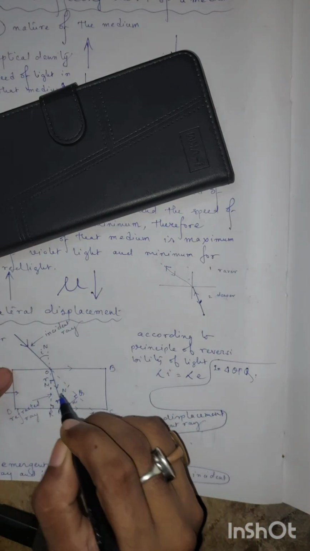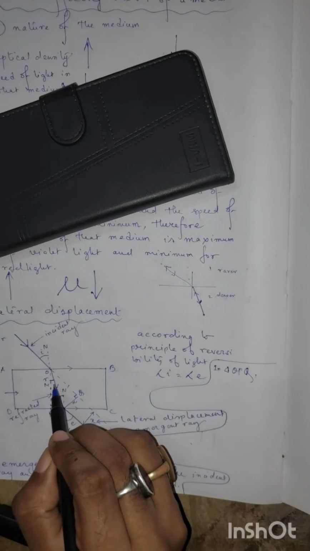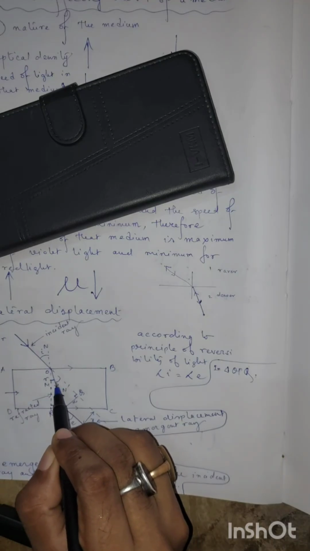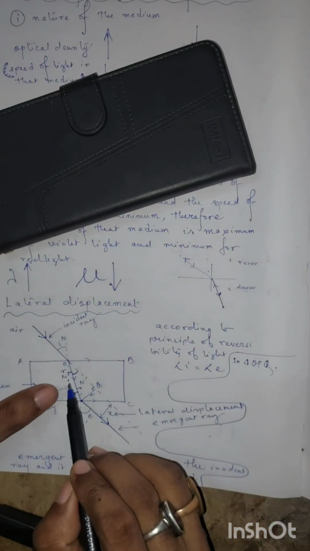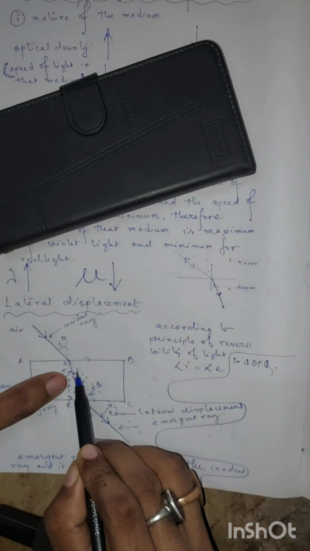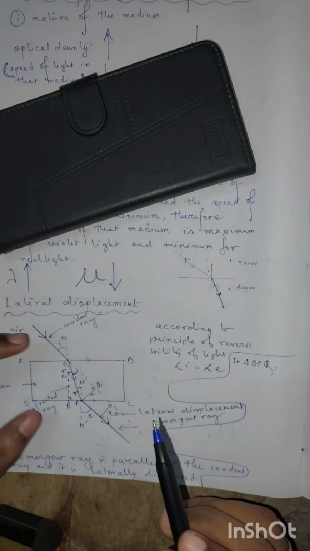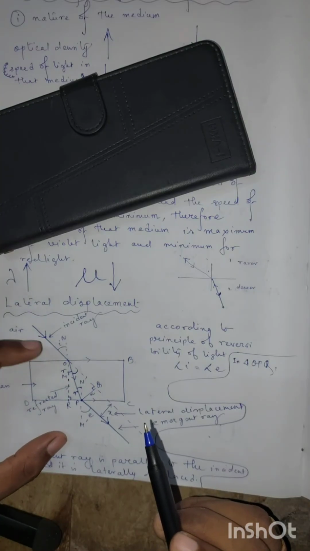This angle, see carefully, this angle and the total angle are vertically opposite, so they are equal.